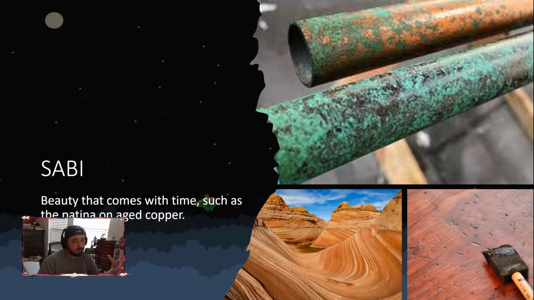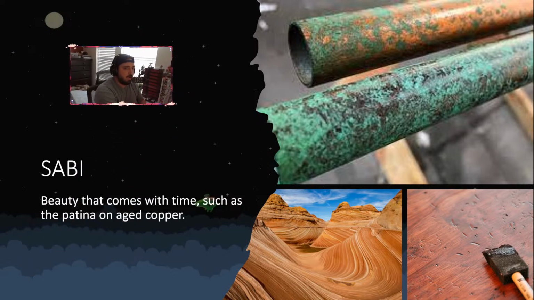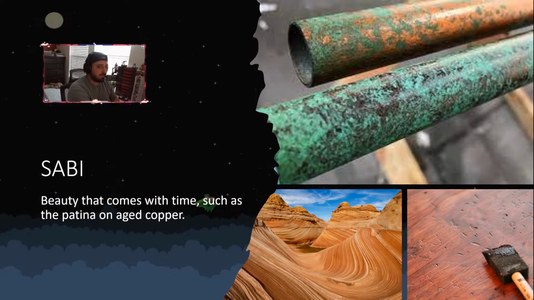If you haven't been there, you live in Utah, so it's worth checking out, right? The erosion that happens over time. Okay. The dings and dents that happen on a wood table over time as you set cups, plates, tools, right? There's a beauty that comes with that, right? And a realism that happens with that.